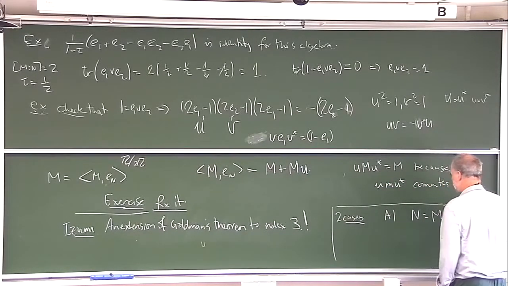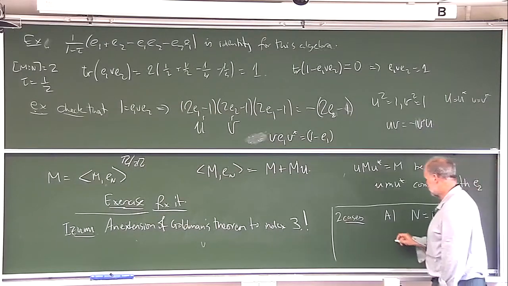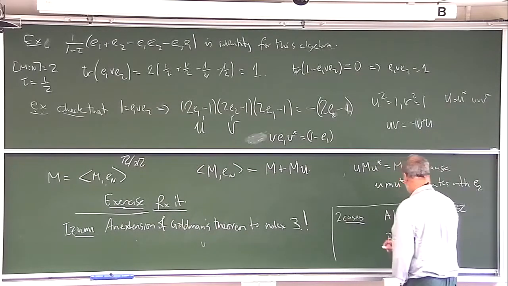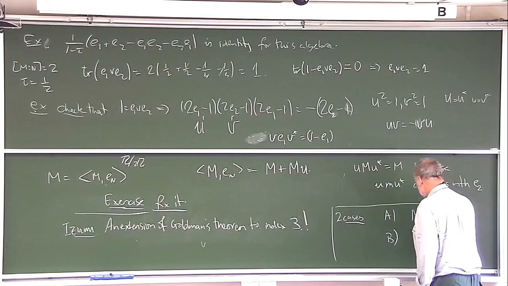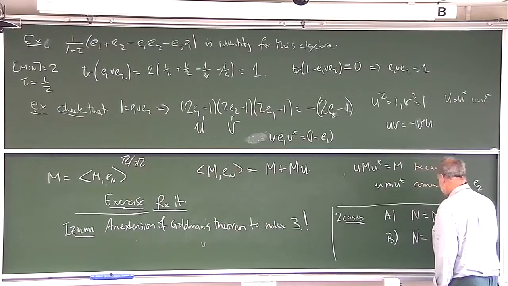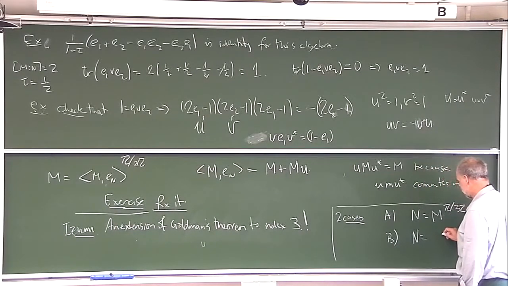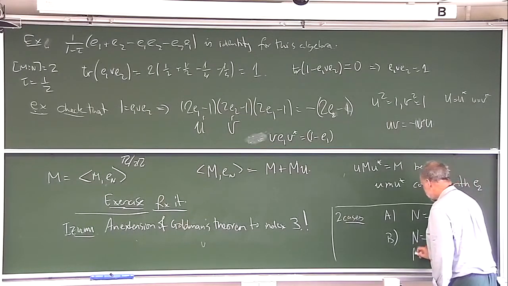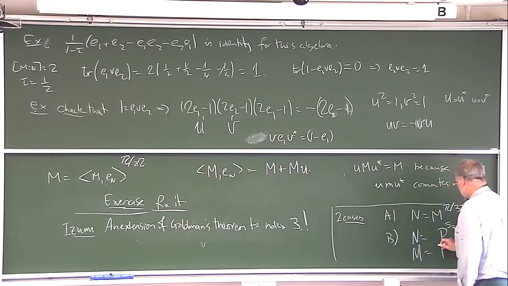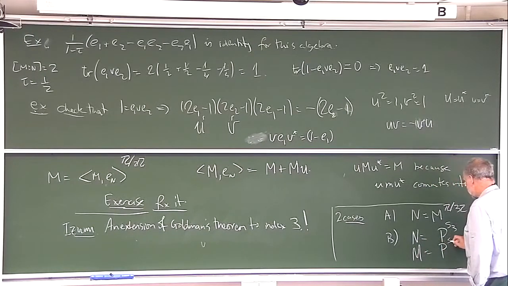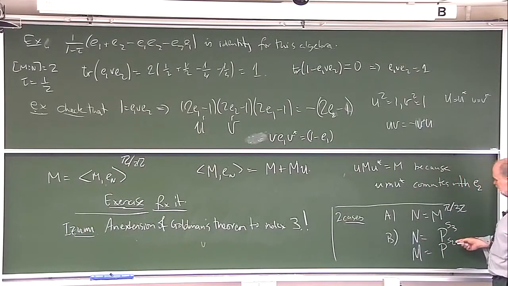You can't quite say this for groups. And B: N is equal to the fixed point algebra for an action of the symmetric group on 3 letters. M is the fixed points under S2. These are obviously included, one in the other.